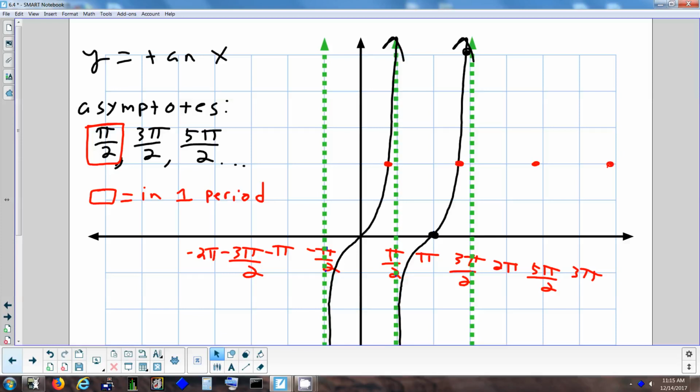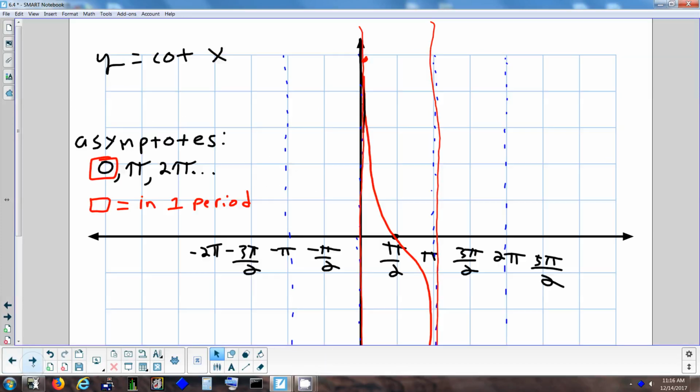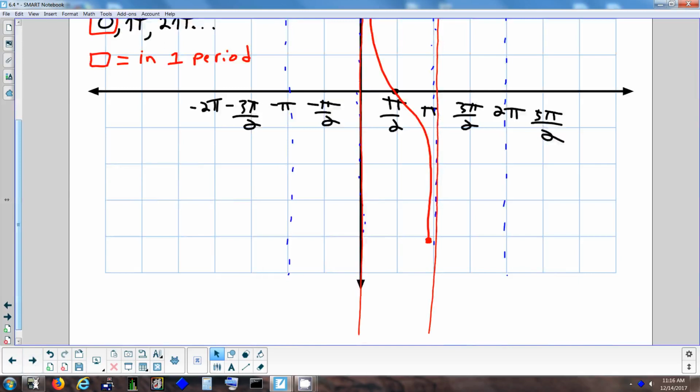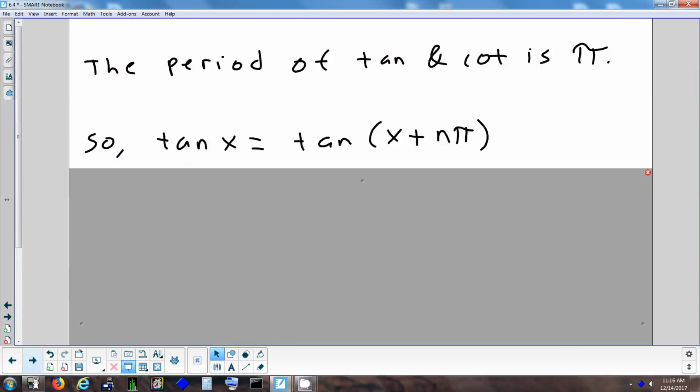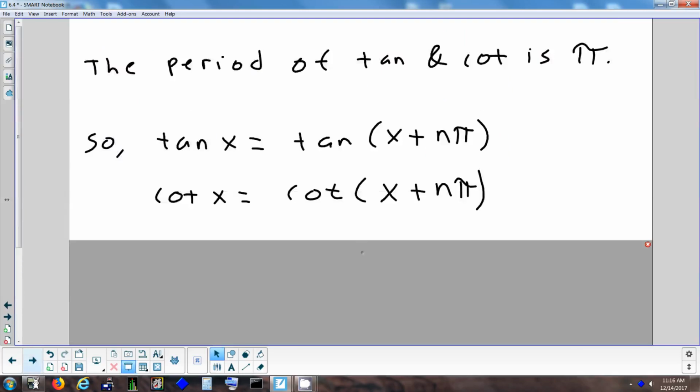How often is that value reoccurring? Plus pi, plus pi, plus pi. The value is repeating every 3.14 units. And it can go the other way too. Go either way. That's what that means.